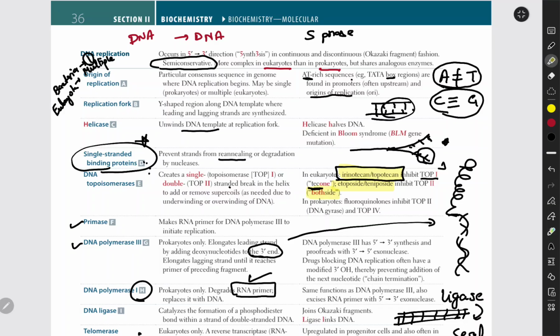Think of both sides: teniposide and etoposide. Then you go over topoisomerase 2, which is known as DNA gyrase in prokaryotes, and topoisomerase 4 in prokaryotes, which is basically inhibited by fluoroquinolones such as moxifloxacin and ciprofloxacin.